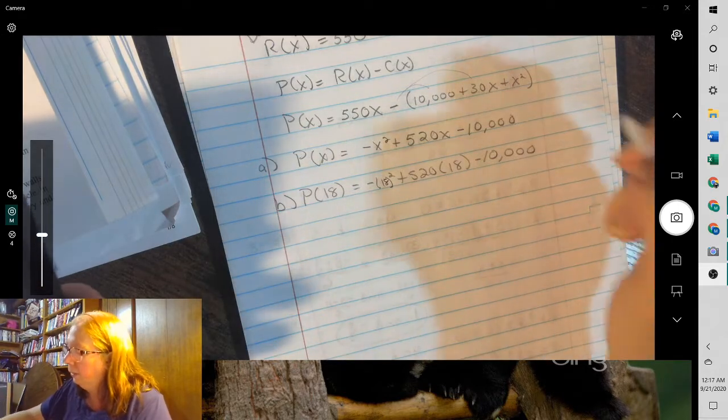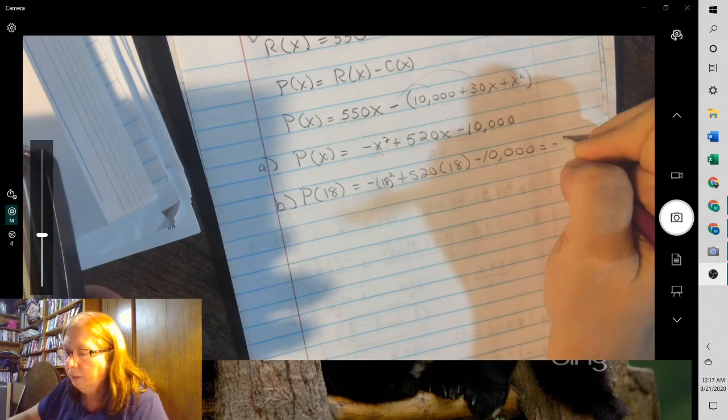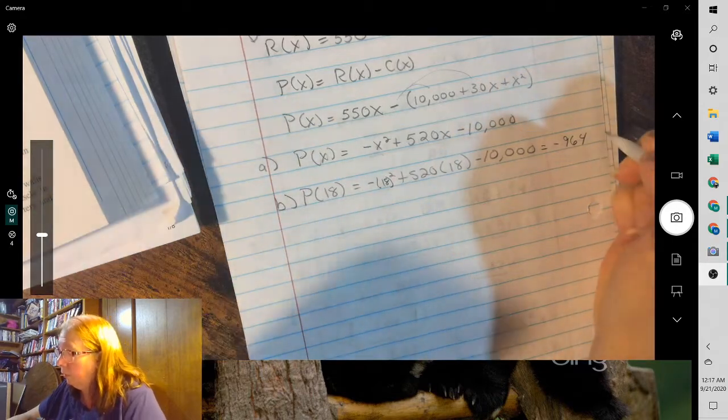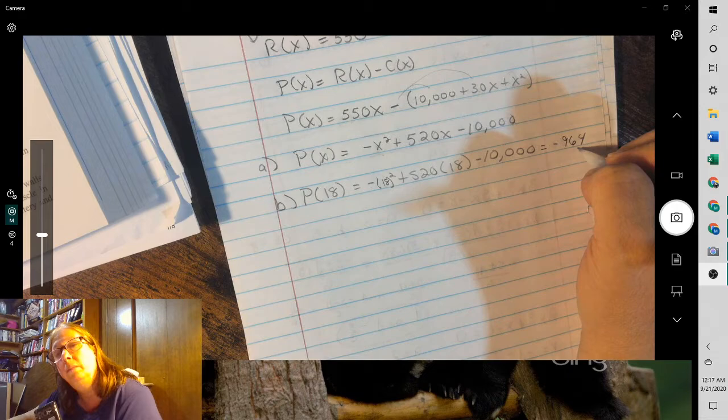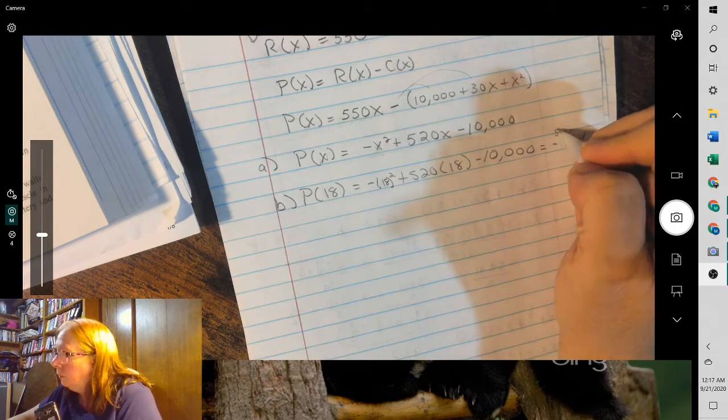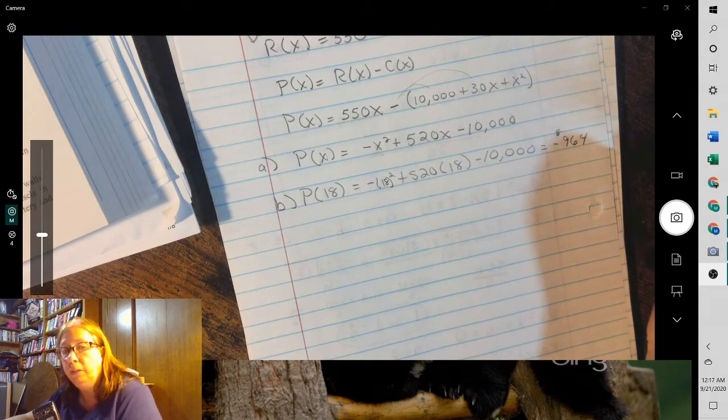When you plug that in, a negative 964. So we haven't made a profit yet. We are still in the hole, $964.